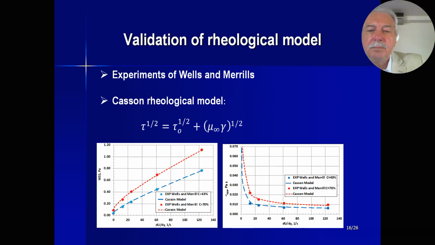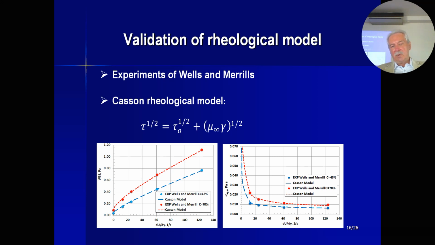So let's talk a little bit about rheology of blood. I collected experimental data of Wells and Merrill. He did experiments on blood for several concentrations of red blood cells. I chose two solid concentrations of red blood cells, 43% and 70%. Blue lines are for 43% concentration of red blood cells in the blood, while the red lines show results for concentration equals 70%.